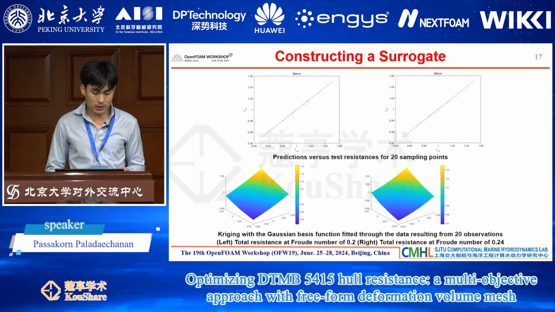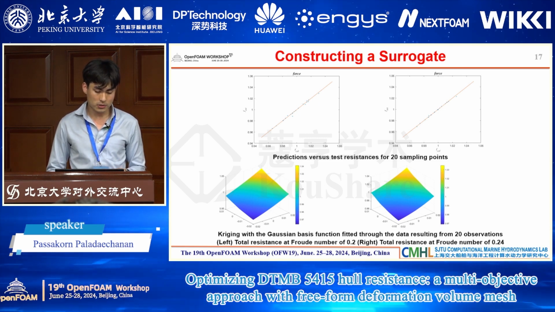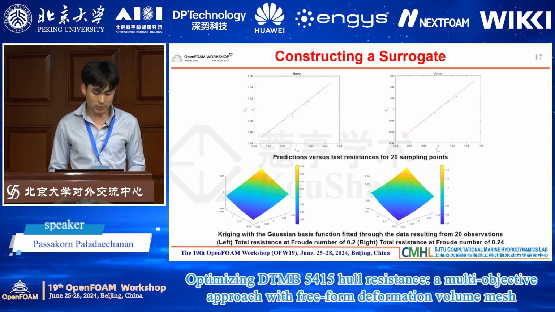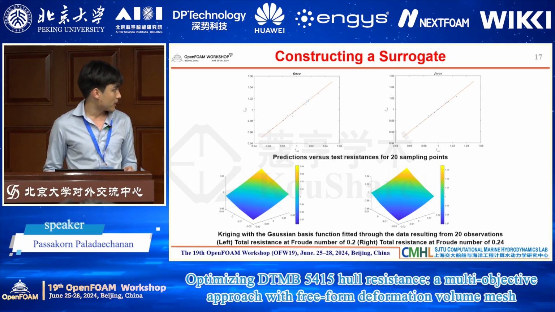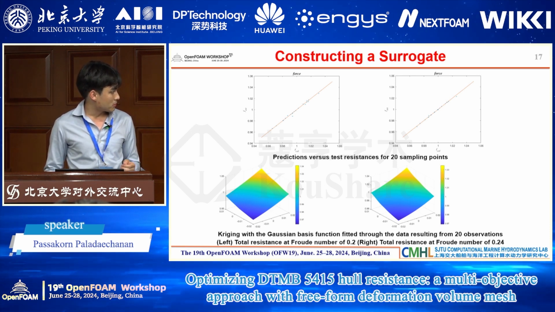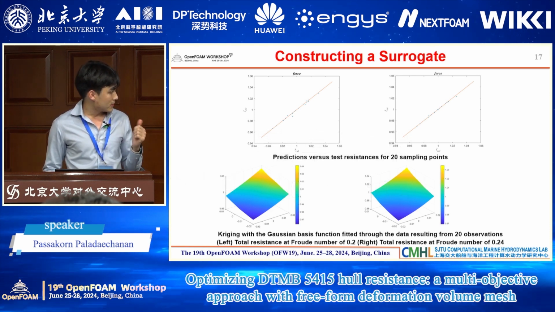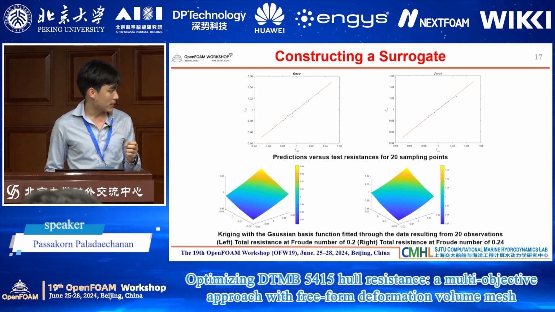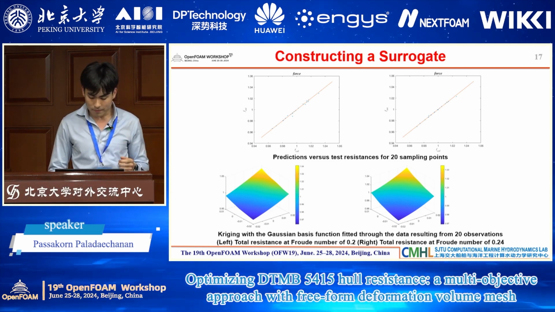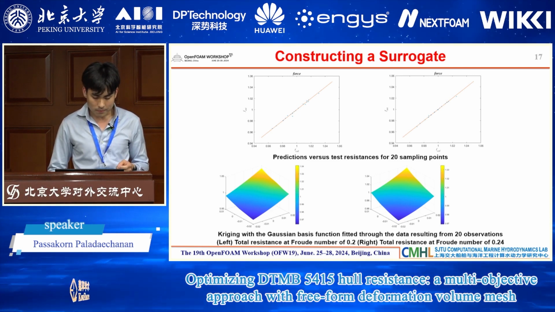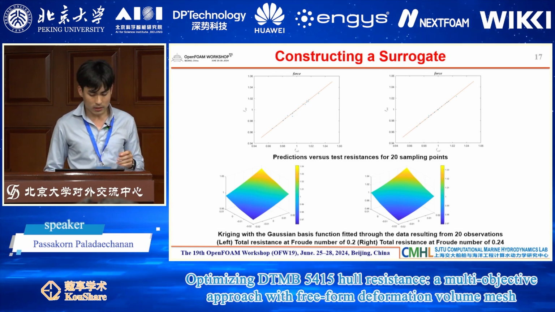After that, we use a kriging model in order to construct a surrogate. And looking at this kriging model, we can see that the optimum point is placed at the edge of the constraint plane.